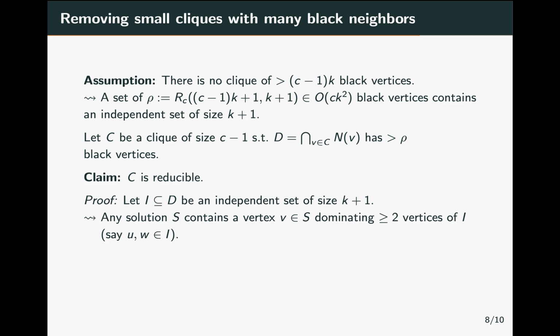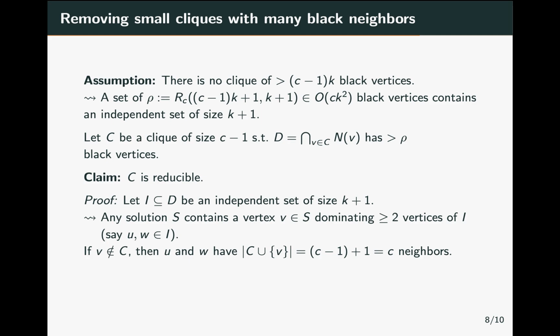It means that in any solution S, there must be a vertex in S that can dominate at least 2 vertices of I. Let's call the vertices that are dominated u and w.